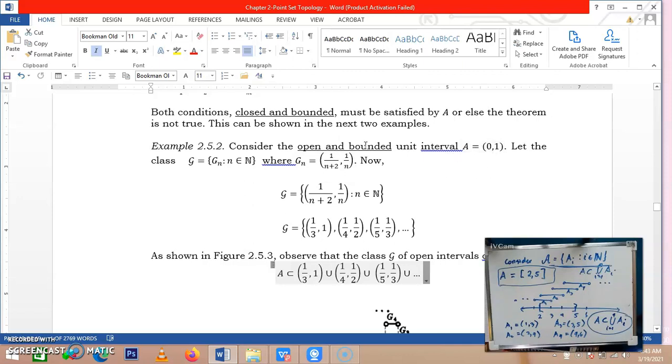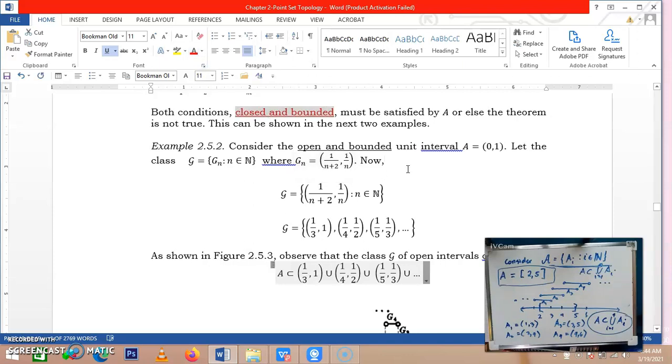Now take note again, we can use the Heine-Borel Theorem, or there exists a finite subclass of the given class of sets which covers the set if it is closed and bounded.